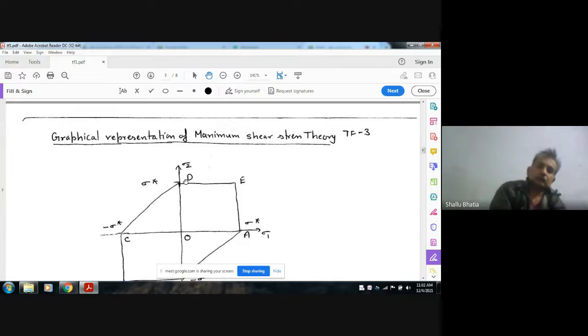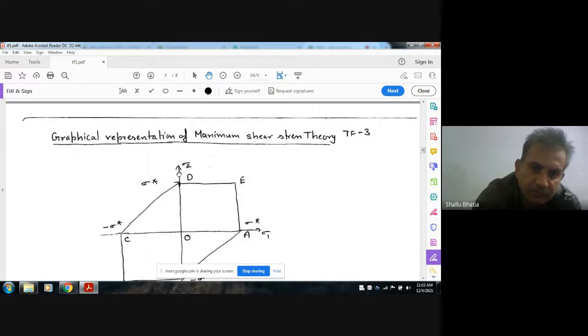Okay. So when both are positive, then one of them will be the maximum. If it is the maximum principal stress, okay, then the minimum principal stress will be zero, okay, and the maximum shear stress will be sigma 1 by 2. So the maximum shear stress will be a function of sigma 1 only. Okay.